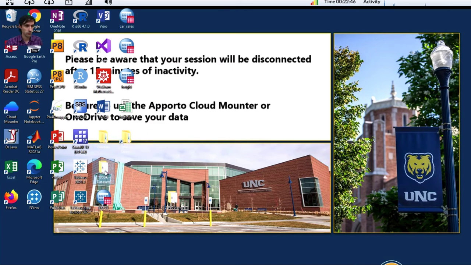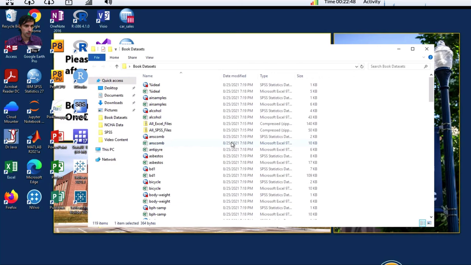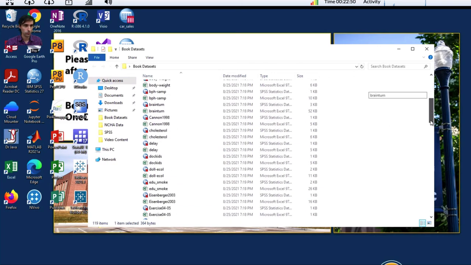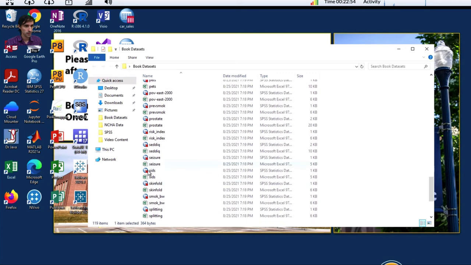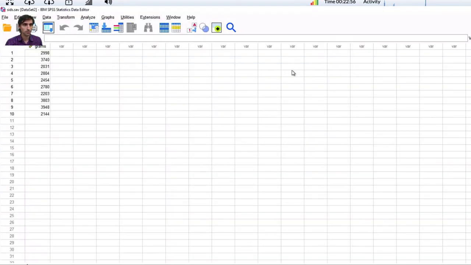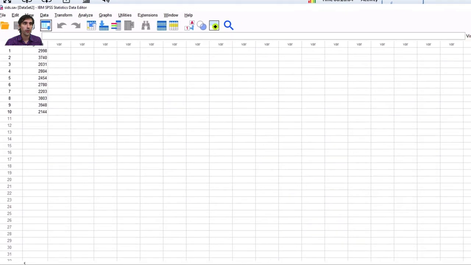So if I go to book stats, I'm going to find SIDS, SPSS. Okay. All right, so here are our grams. And remember, we know the population average, and so this is just our 10 that we actually received.